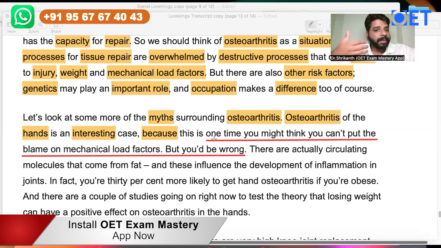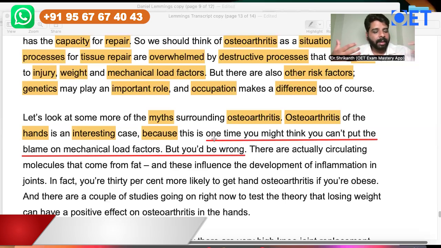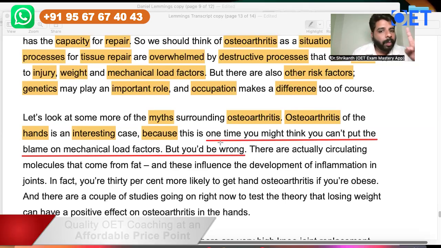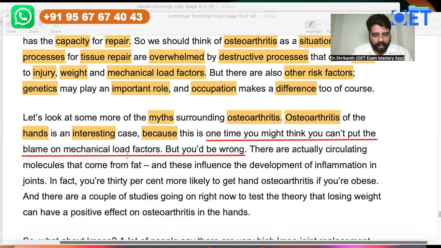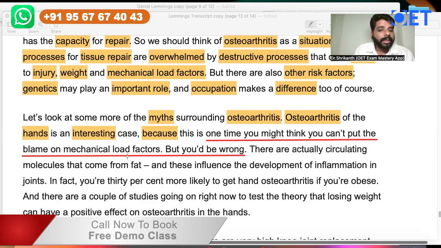And he's talking about the myths as well, that is assumptions. He's saying this is one time you might think you cannot put the blame on mechanical load factors. So as I told you, load basically means what? Weight. Osteoarthritis is about the joints, and the joints are having too much load.